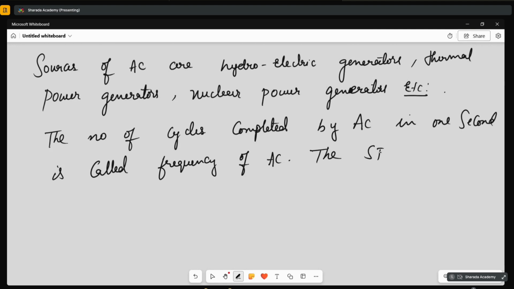The SI unit of frequency is hertz. Hertz.